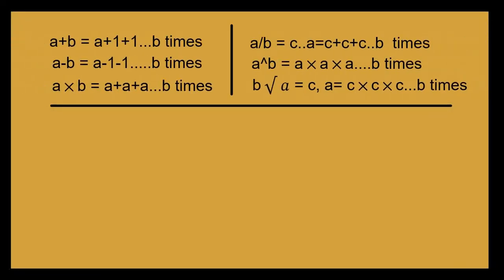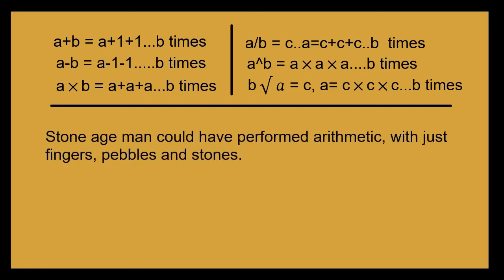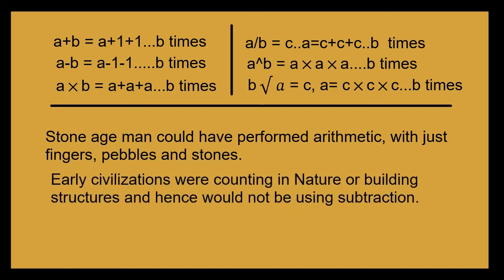Now to conclude, we hope that you have understood every other operator is derived from addition. And addition could be performed by even Stone Age man because it can be done using fingers, pebbles and sticks. Subtraction would not have been used extensively by the great civilizations, at least directly.